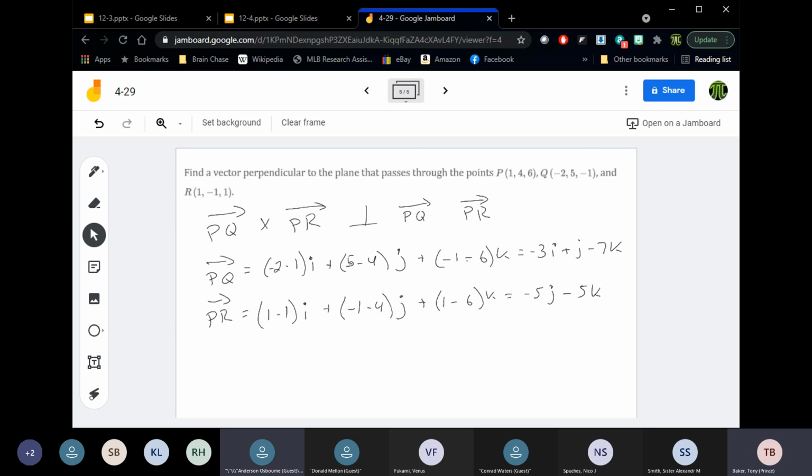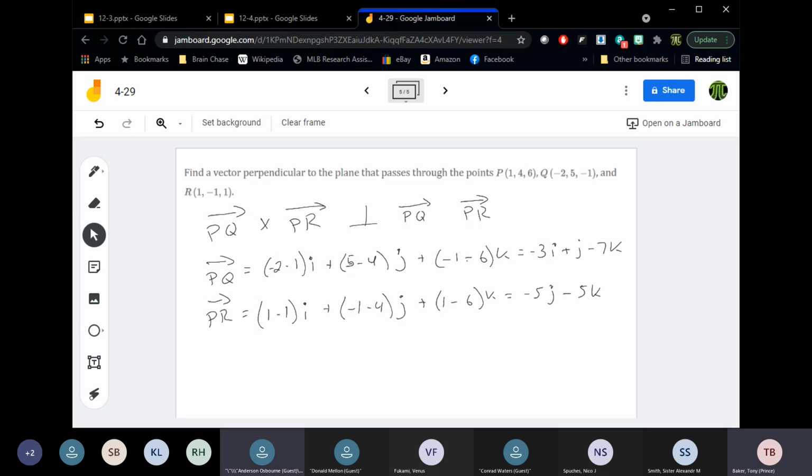Actually, I have a question. How did you decide essentially the directions? Like, instead of doing 1 minus 2, you did -2 minus 1? It just depends on how you set up your letters. So we did PQ and PR. P is the initial point, and Q is the terminal point.